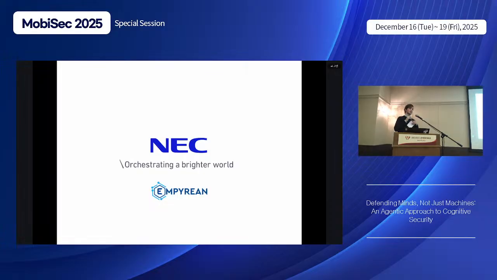So what we want is to think more broadly and think of how could we, in the future, help people to protect themselves from these cognitive types of attacks, from social engineering, etc.